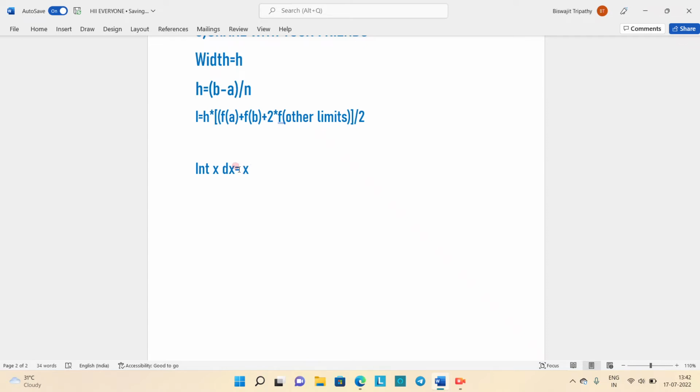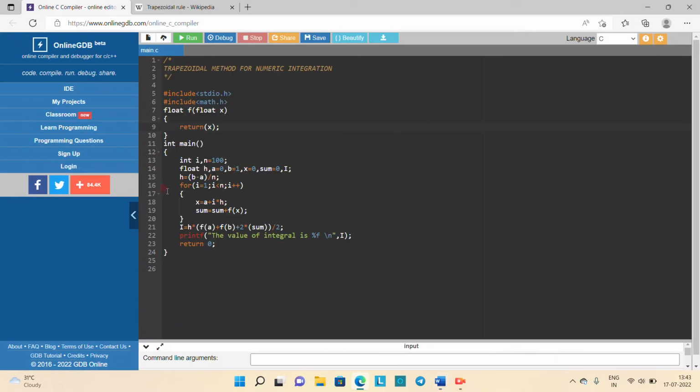That is x square by 2 from a to b. From some limits a to b we integrate x dx, and the integration value is x square by 2 from a to b. So we have written the function here, in the return of x.